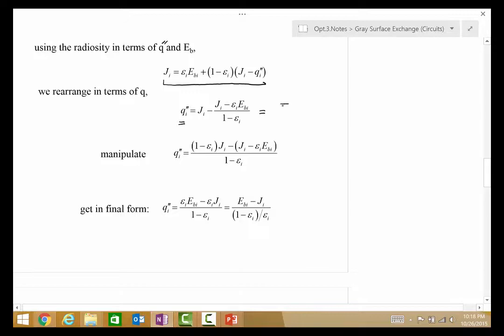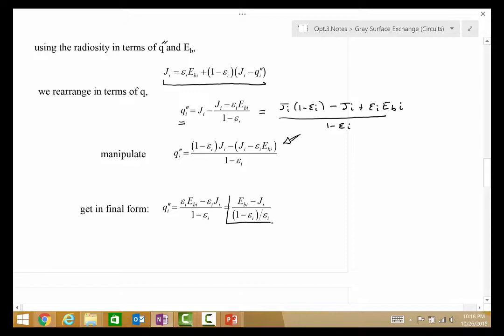We'll simply multiply this by 1 minus epsilon i, Ji plus epsilon i Ebi divided by 1 minus epsilon i. So all I did was make sure that there's a common denominator for these. And so this is what we show here. And it's just algebra, get rid of things that cancel and simplify it.